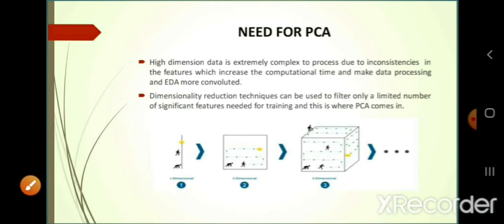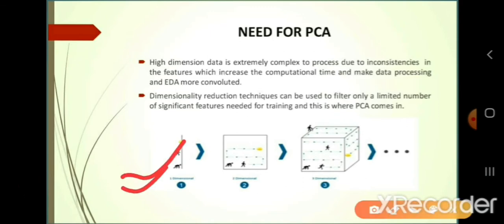We also know that in real life we handle many dimensions compared to the simple ones, which makes the data more complex to handle. So this is called the curse of dimensionality.